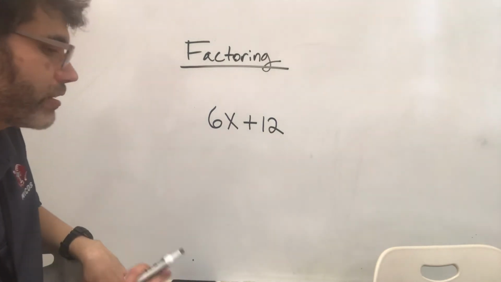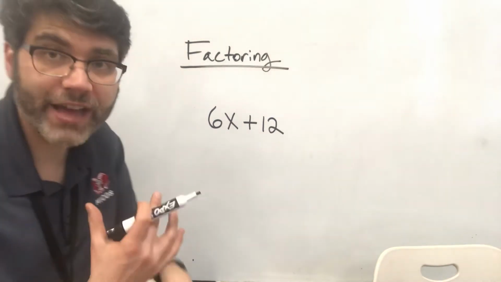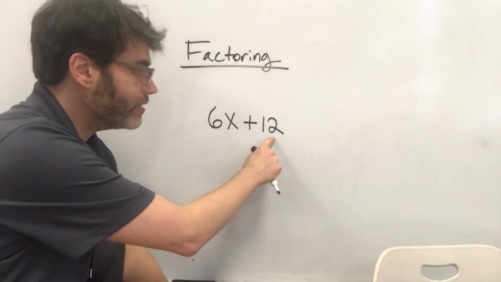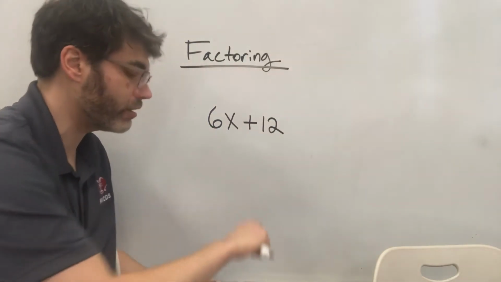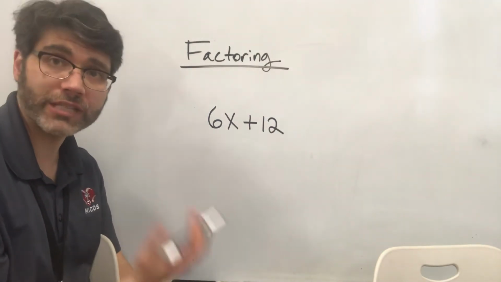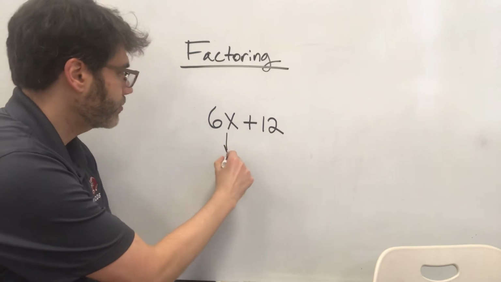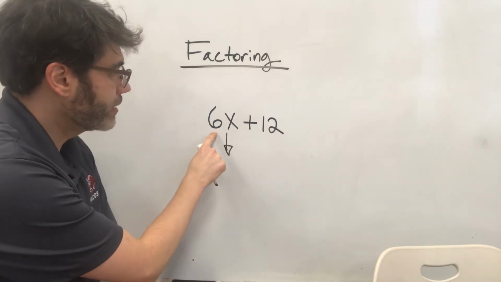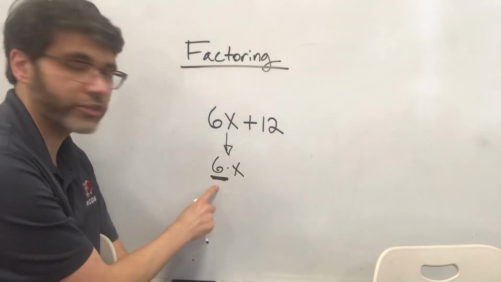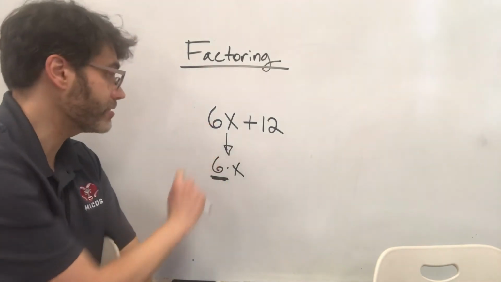Let's see if there are some common factors between 6 and 12, or 6x and 12. Well, there is a common factor of 6. So 6 is in here because it's 6 times x. I'll just underline that to underscore that 6 is a factor of 6x.